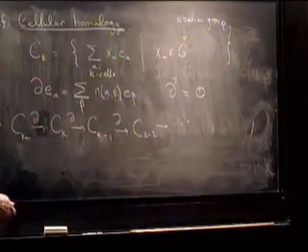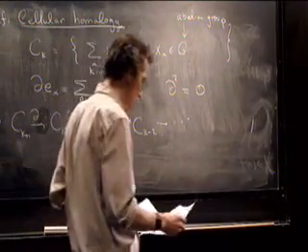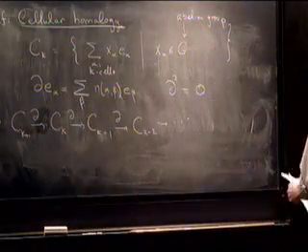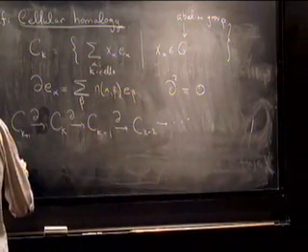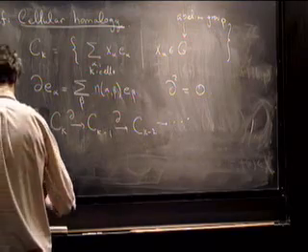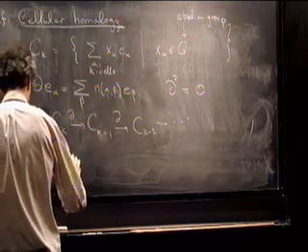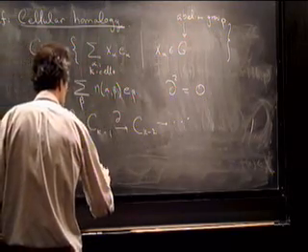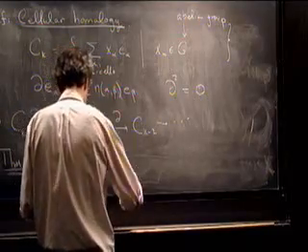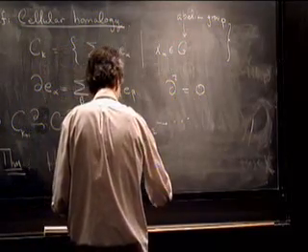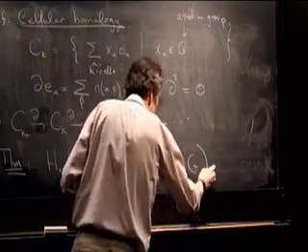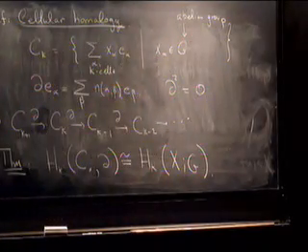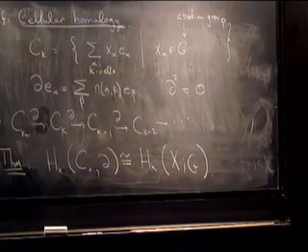And so then, as usual, I can take the homology of that complex. And the theorem is that the homology of this chain complex with respect to delta is one way of defining the homology of X with coefficients in an abelian group G.